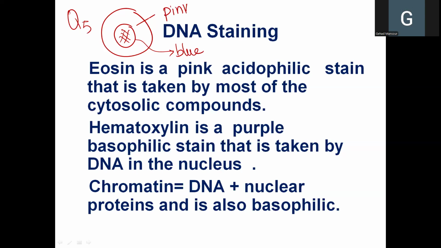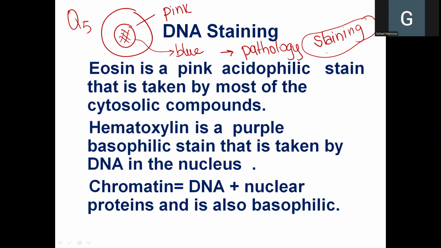Is it important to know the color of the nucleus? Yes. When is it important? It is very important in pathology, because the degree of staining is important for pathologists, people who are specialized, to determine whether this is a cancer cell or not.